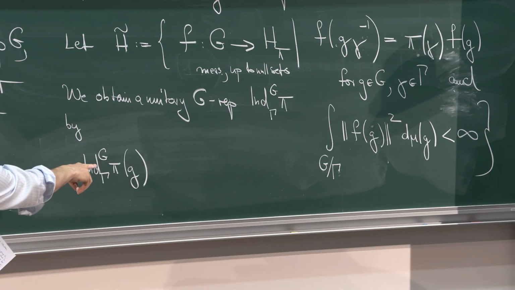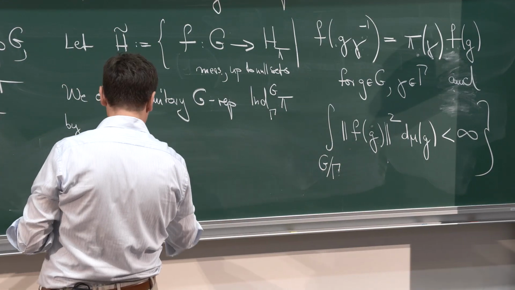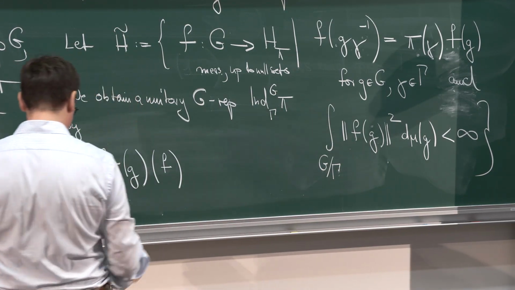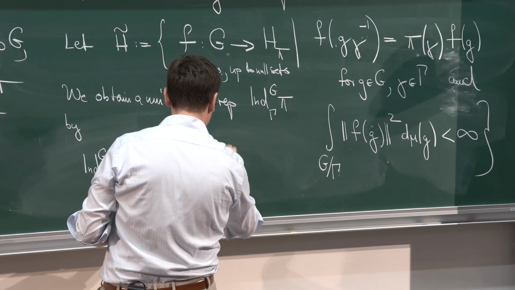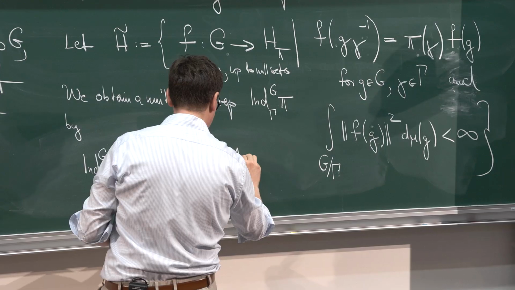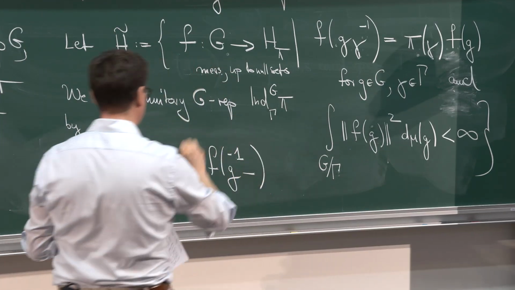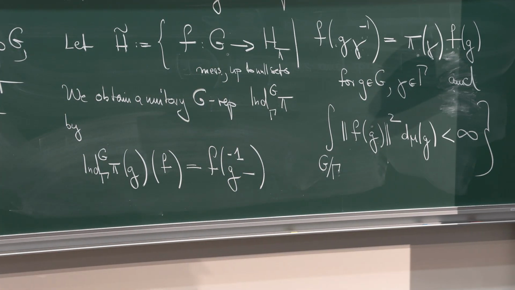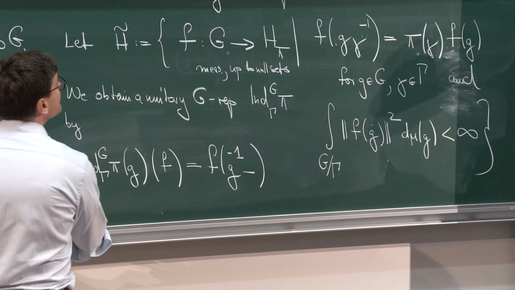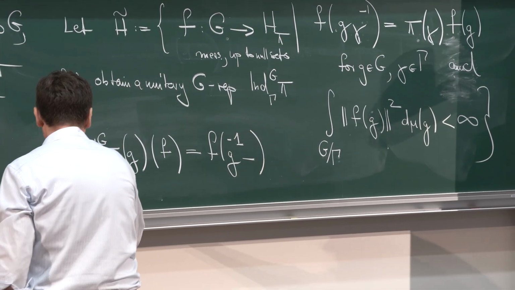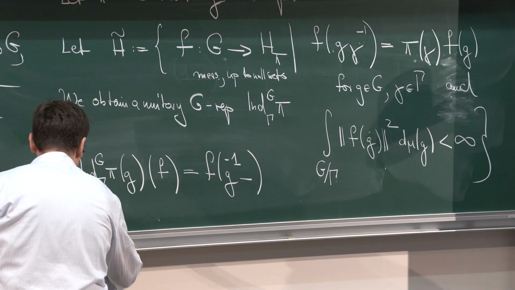So what does an element g do to a function f? It gives me a new function, and this will be the function. This is called the unitary induction of pi.